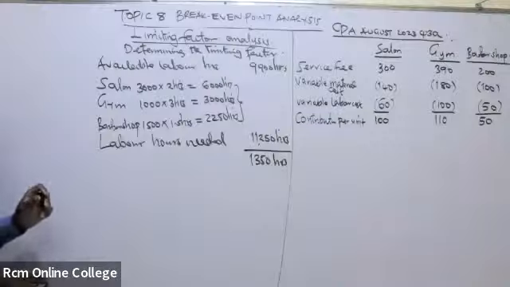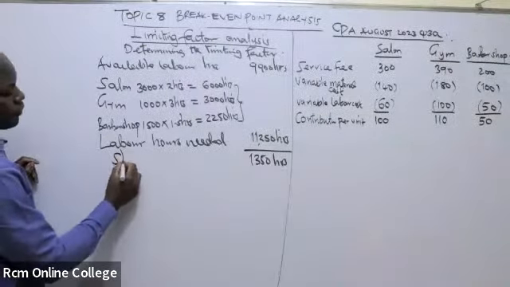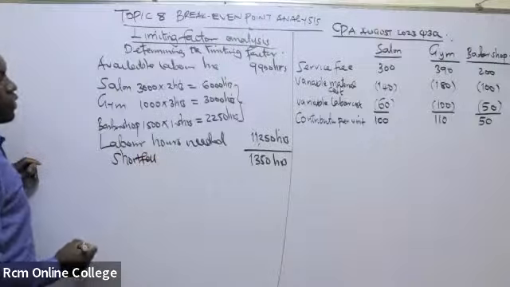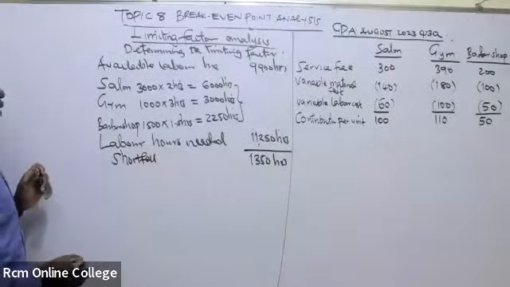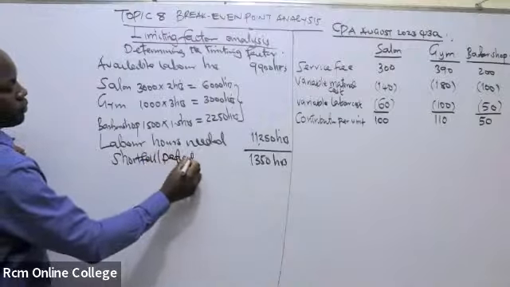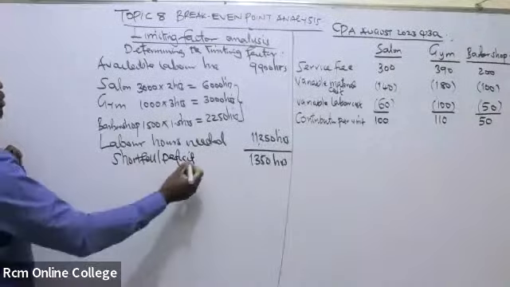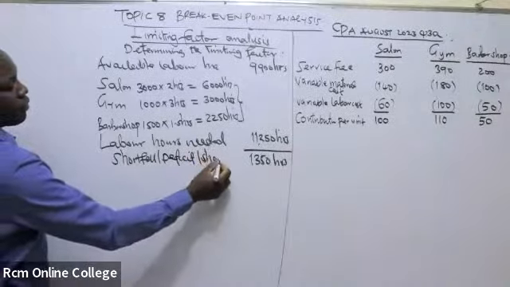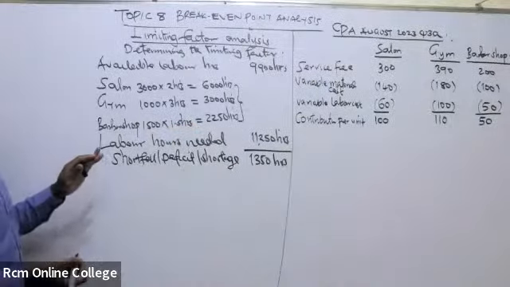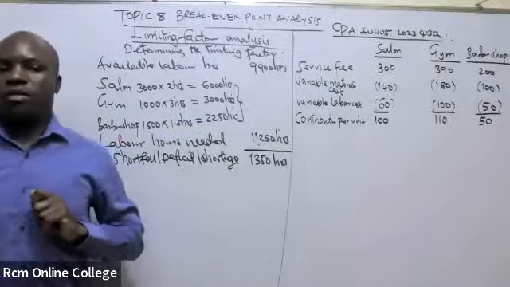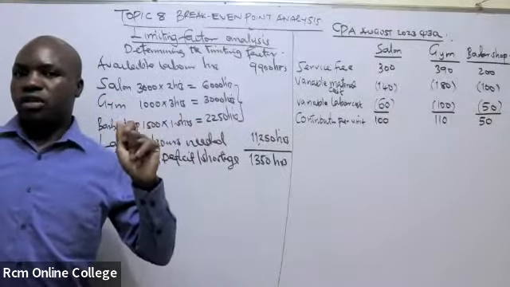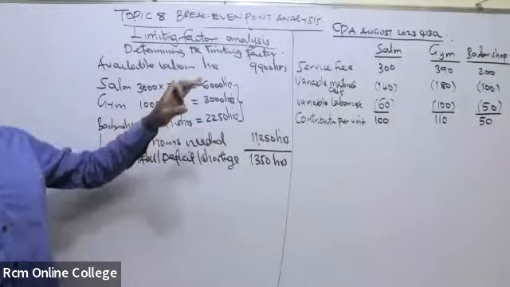That is what we normally call shortfall. So if you are told to determine the shortfall, that's the route you are supposed to check. If you talk about shortfall, deficit, shortage, in the resources required, that's how you do it.